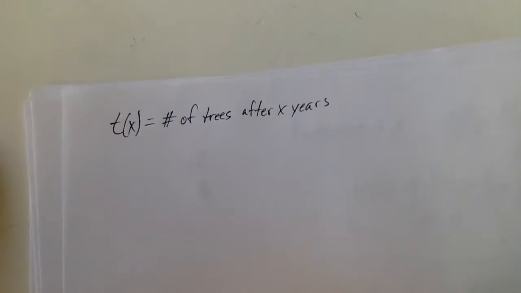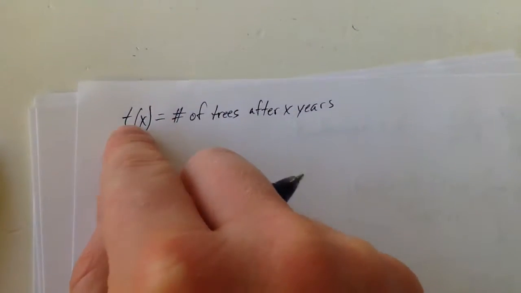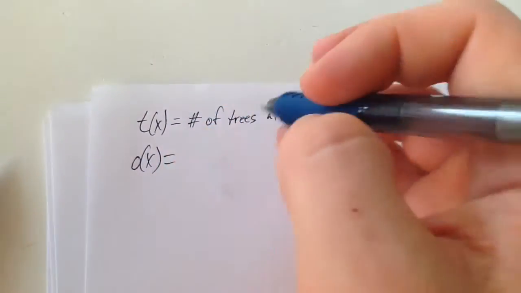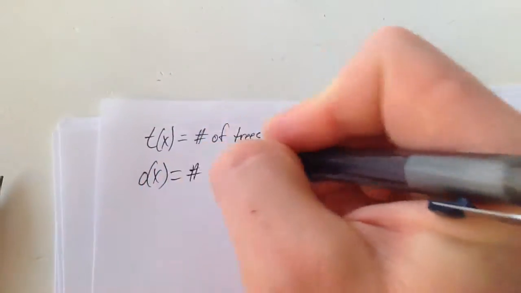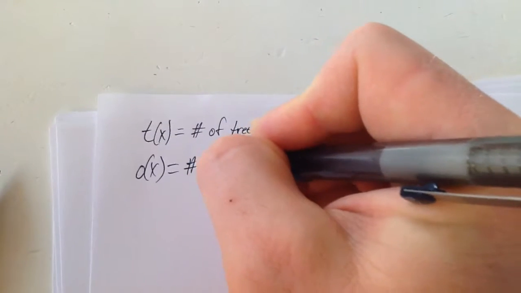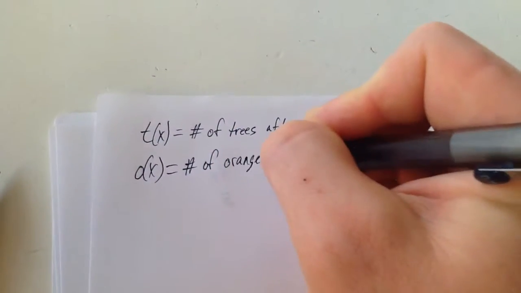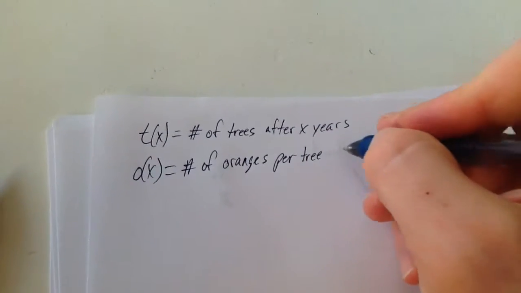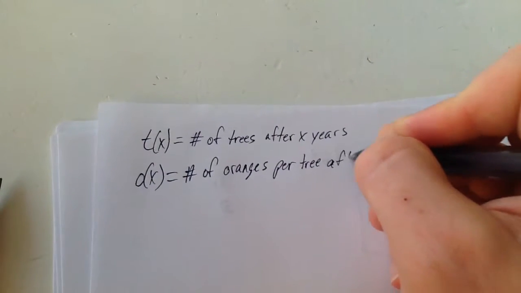I usually like to do T with trees, so for oranges we'll use O. O of x looks weird. Maybe we shouldn't use O, but whatever. That's the number of oranges per tree, and that's after x years also.